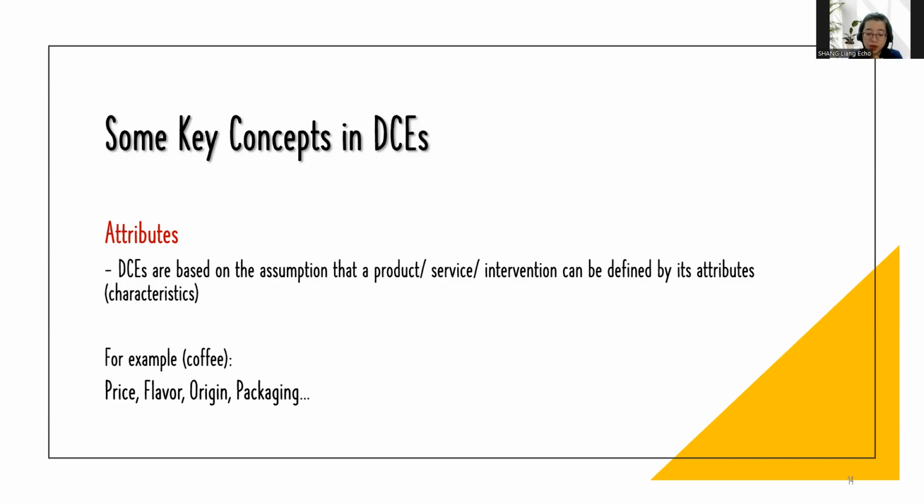For example, when we consider coffee option A and coffee option B, there are some important features that we often take into consideration, like the price, the origin of the coffee beans, whether it's a fair trade product or not, the flavors, and of course the packaging, maybe eco packaging or non-eco packaging. These are very important characteristics of a product or a service, and we call these characteristics attributes in a discrete choice experiment.